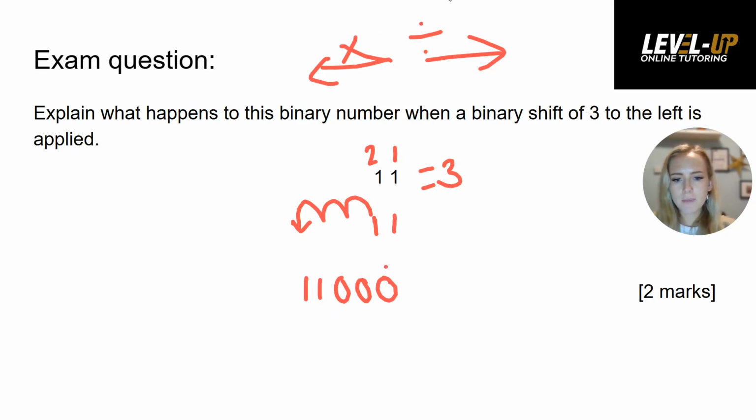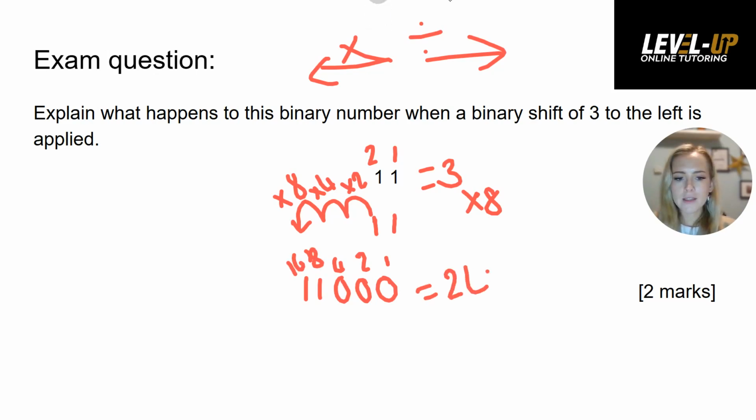So we're going to times by the power of 3, which would be timesing by 8. 1 jump would be times by 2, 2 jumps times by 4, 3 jumps times by 8. And we can double check this because this is equivalent to 3. However, this is 24. Well, 3 times 8 is in fact 24.